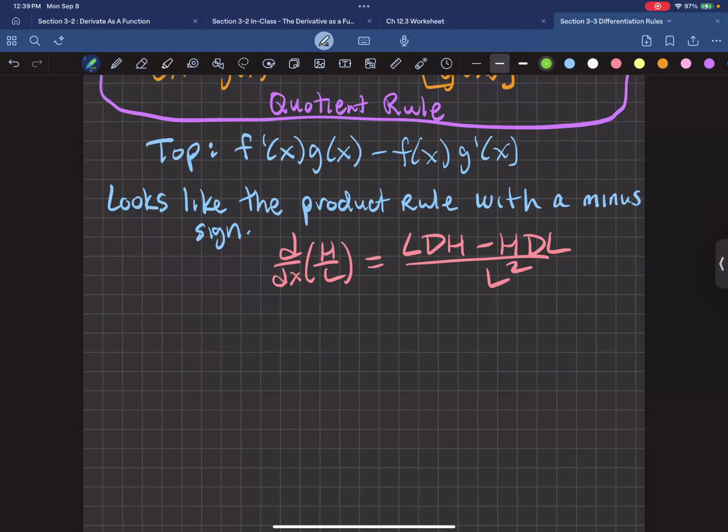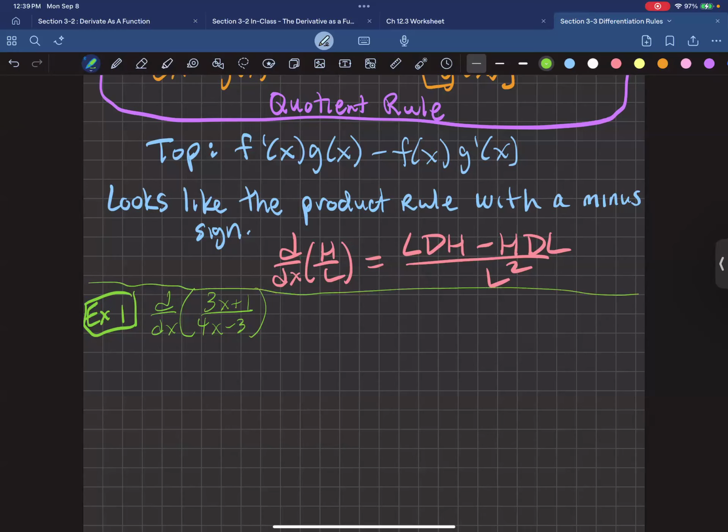Let's do d/dx, example 1. Let's find the derivative of 3x plus 1 over 4x minus 3. So high here is 3x plus 1, which means the derivative of high is just 3.